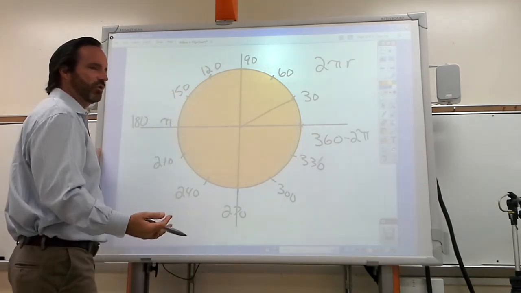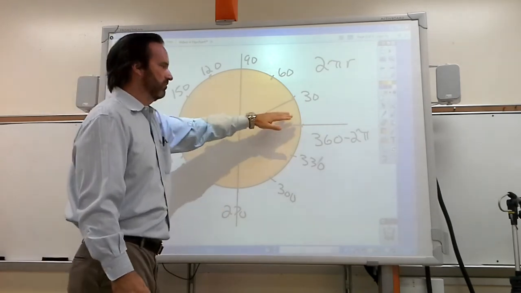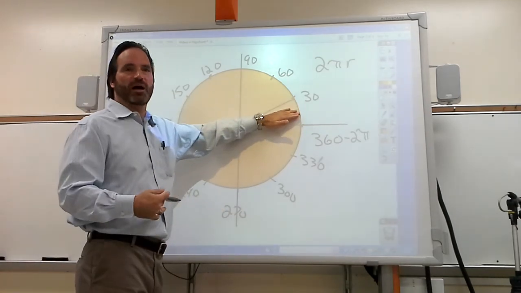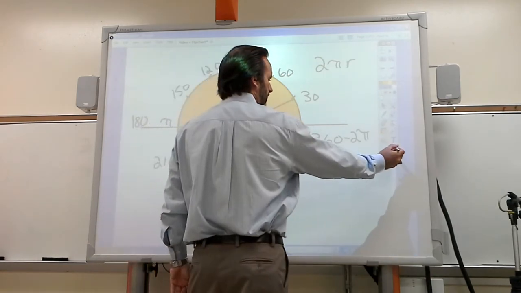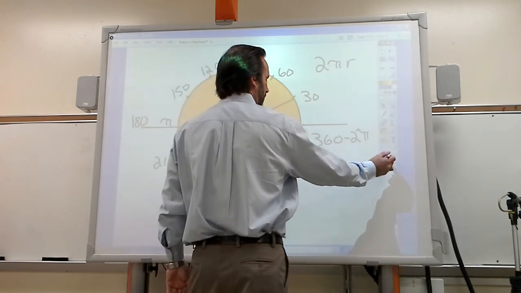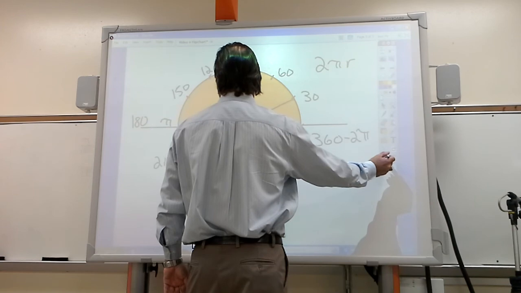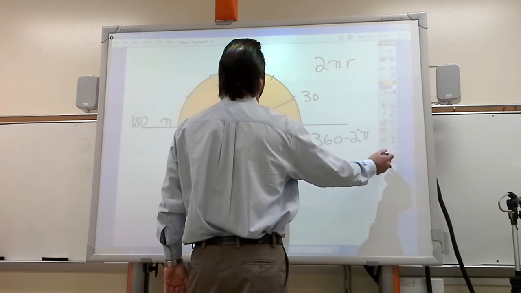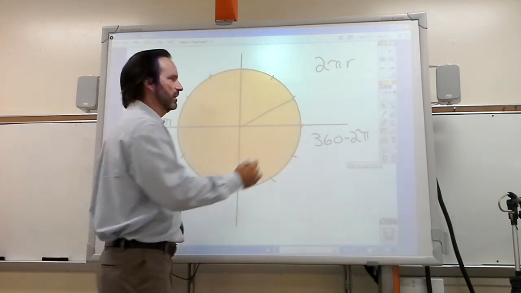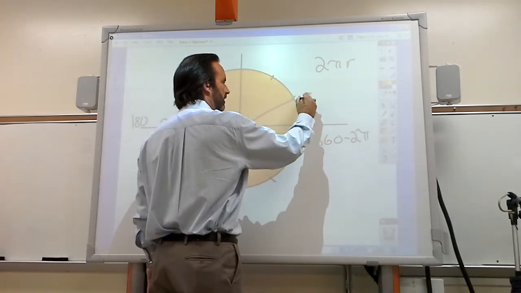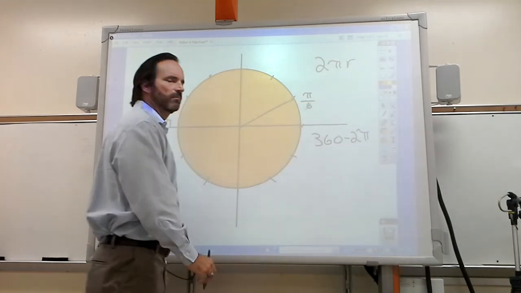Now let's talk about in terms of pi. This is 1/6 of a pi, or pi over 6. Okay? So I'm going to kind of clean this up here. I'm taking the degrees off. I'd like to leave it on there, but it's going to be a little too cluttered. So now let's do radians. This is pi over 6.